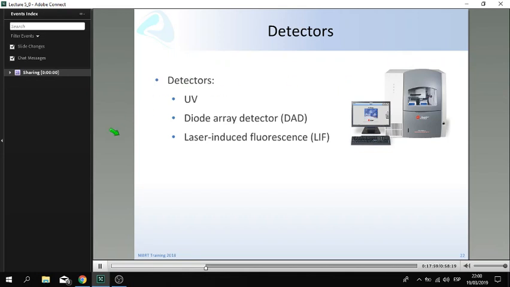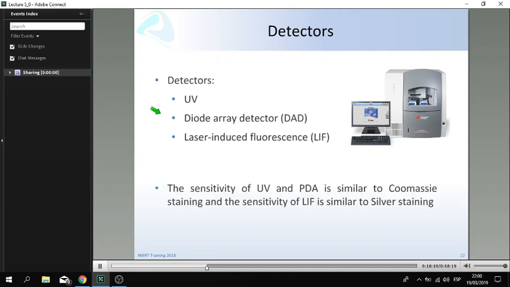The detectors that you can get with it can be a UV detector, a diode array detector, or DAD, or laser-induced fluorescence, or LIF. DAD and PDA would be the same thing, they're both diode array detectors. You pick them depending on the analysis that you are doing, and their sensitivity is slightly different.